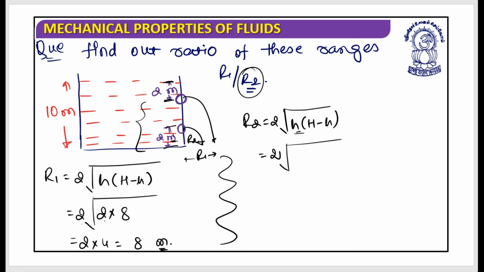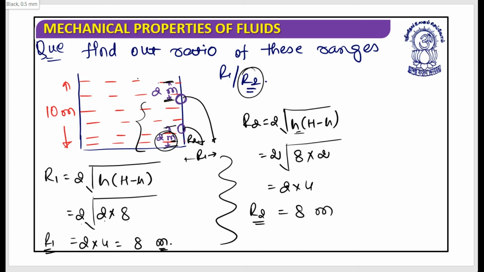This is 2 meter, but this is from the bottom, so you need to calculate it from the top. This will be 8 multiplied by 2. So this is equal to 2 into 4, which is 8. It's a surprise that both are having the same ranges.